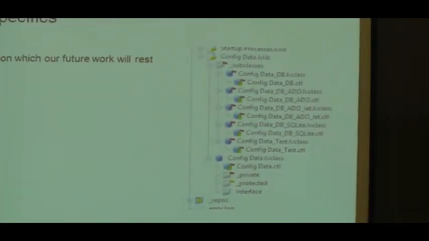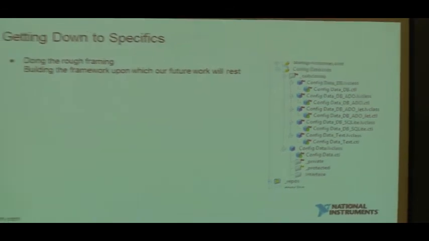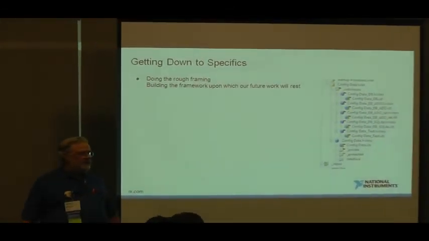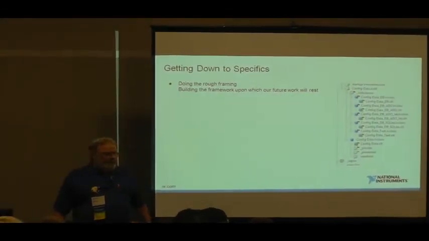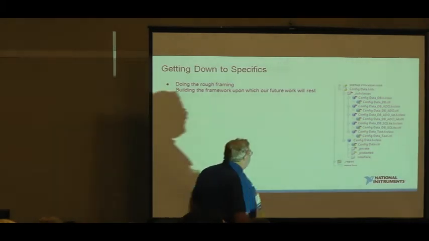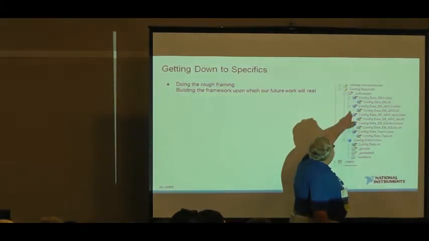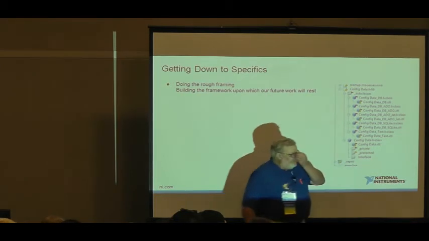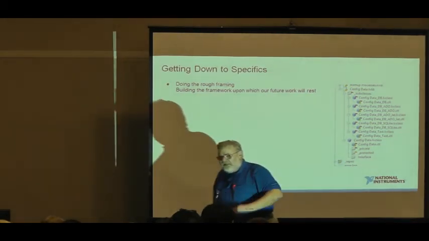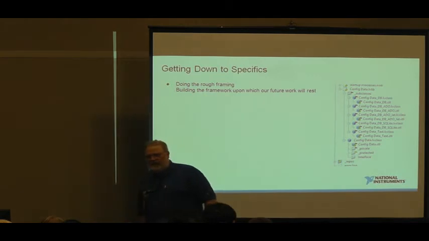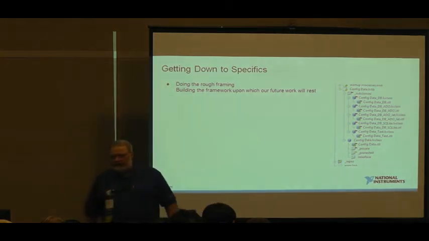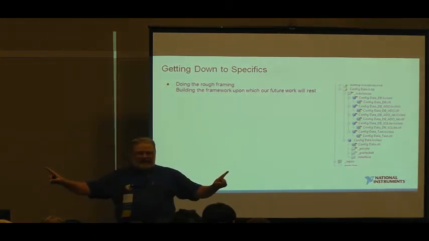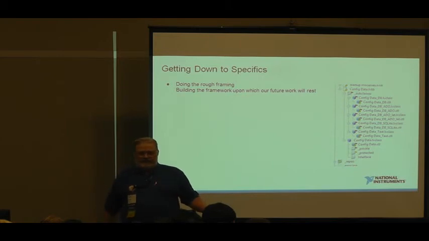Because libraries allow you very closely defined access rights. And you'll notice that every one of these little icons has a key on it, either a yellow key or a red key, meaning that the contents of those items are either private or protected, which means anything outside that class can't see them.